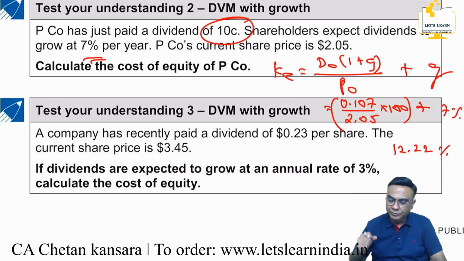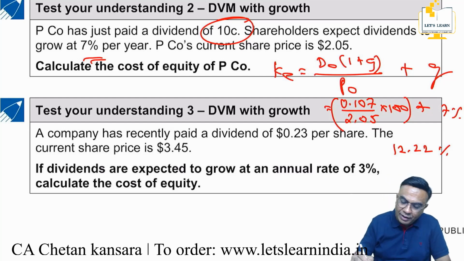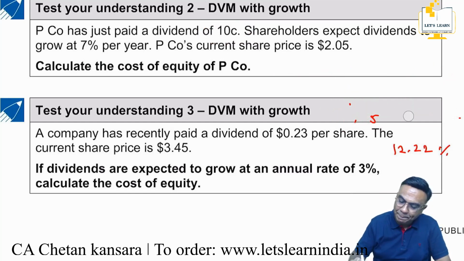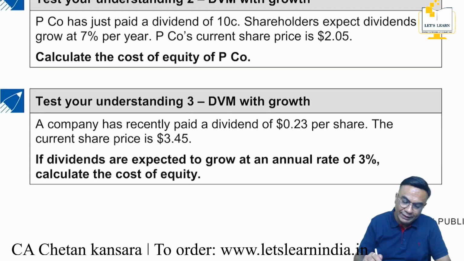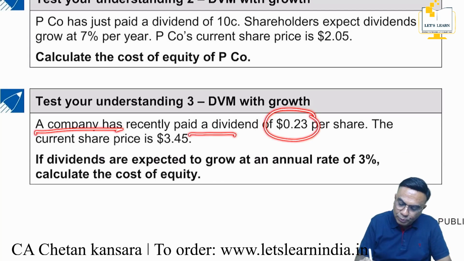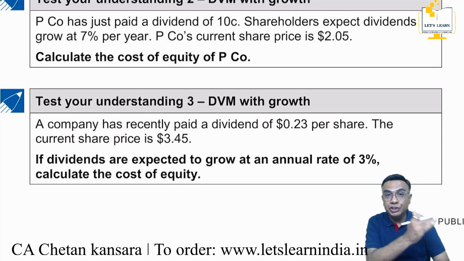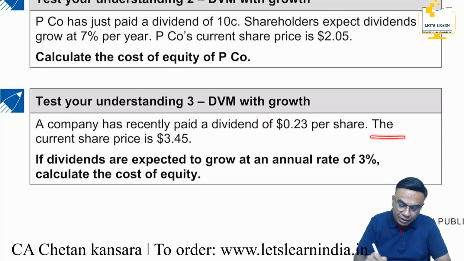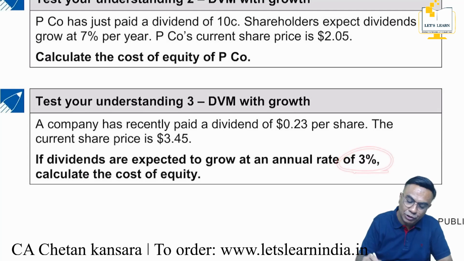Now let's go to the next question. One more question we'll take, this one. Company has recently paid a dividend of $0.23 per share. Recently, so this is D0. The current share price is $3.45. If the dividend is expected to grow at an annual rate of 3%, then what is your answer?